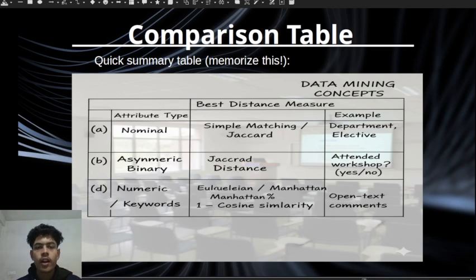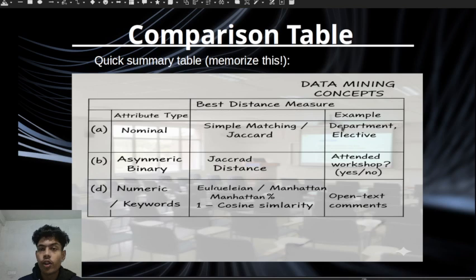Okay. Now this is a comparison table that explains distance better, where the attribute type can be nominal, then we can use the simple matching method for distance, with examples like department and elective. And for asymmetric binary, we can use Jaccard distance, for example attended workshop.